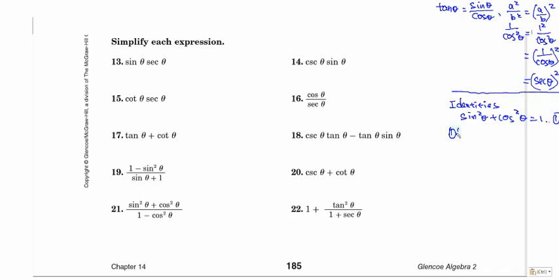If you divide number 1 by sine square theta, it's sine square theta over sine square theta plus cosine square theta over sine square theta equal to 1 over sine square theta. Okay, this one cancels, you get a 1, plus this one. How to simplify this? We will use this method here.